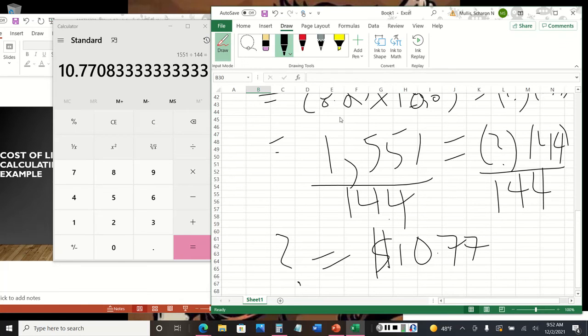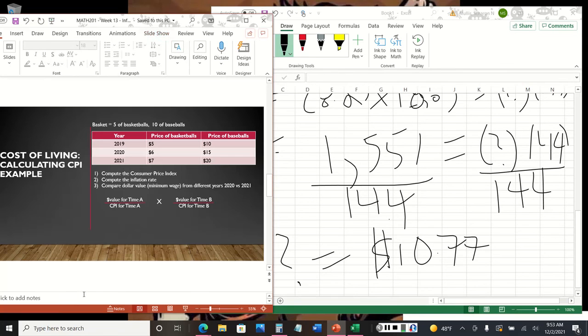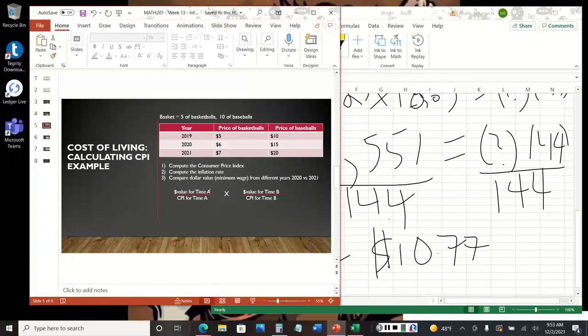So that same $8.25, if we use the CPI that we got from our example, is now $10.77 in the future. So that's how you figure out the different values.